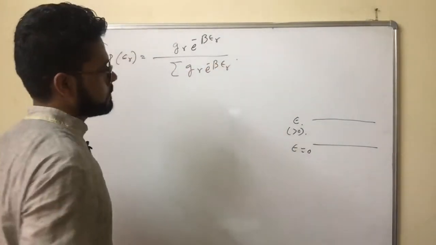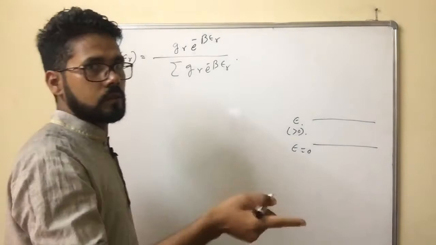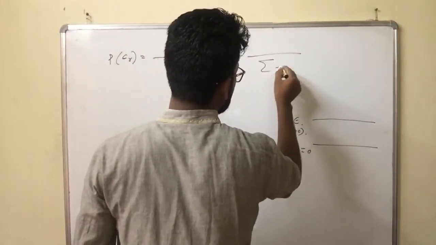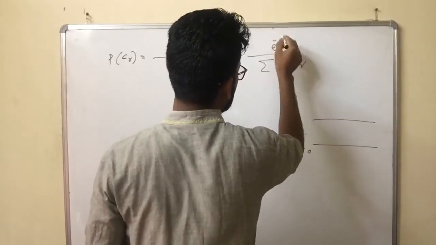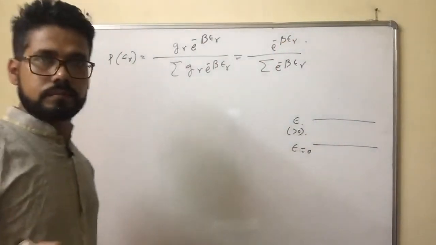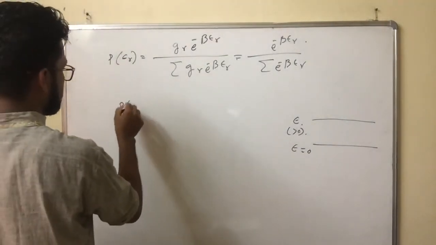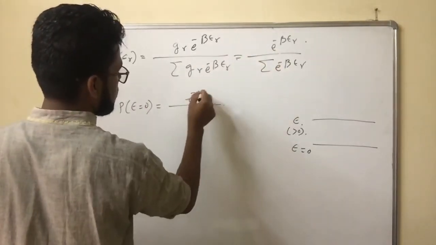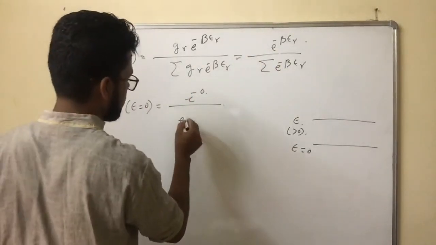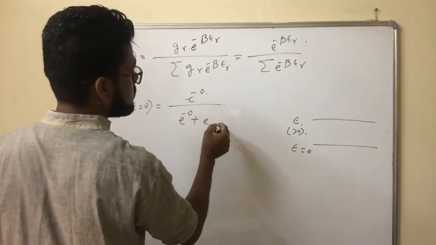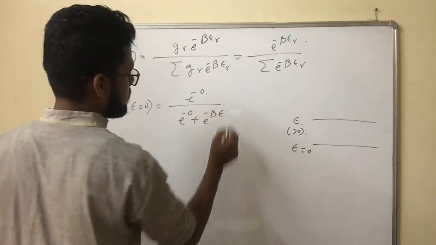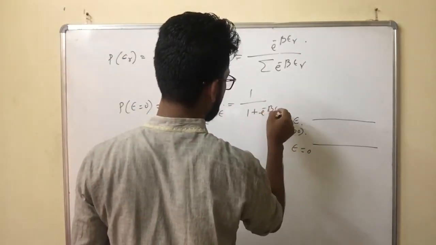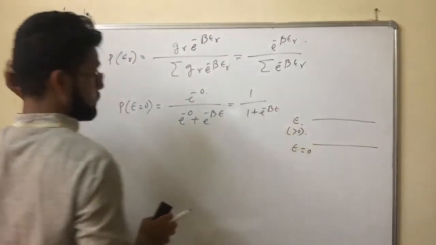If the question is not talking about energy level degeneracy, then g_r equals 1, and you can simplify: e to the power minus beta E_r over the sum of e to the power minus beta E_r. Now I need the probability at E equal to 0. Just put e to the power minus 0, which is 1, over e to the power minus 0 plus e to the power minus beta E, equal to 1 over 1 plus e to the power minus beta E. This is one probability.